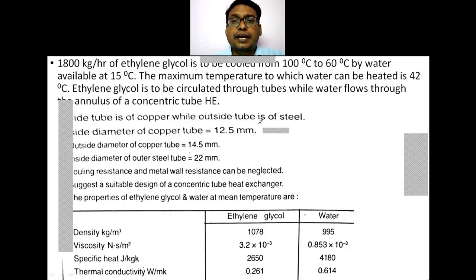So we can consider the amount of heat exchanged, from 100 degrees Celsius to 60 degrees Celsius, and with this flow rate, that is m cp delta T, I can calculate the Q value, the Q for the ethylene glycol, and then the Q for water can be calculated.